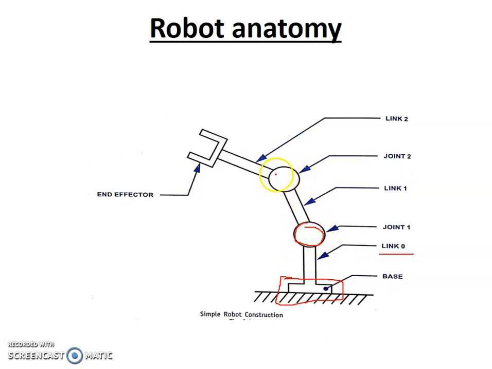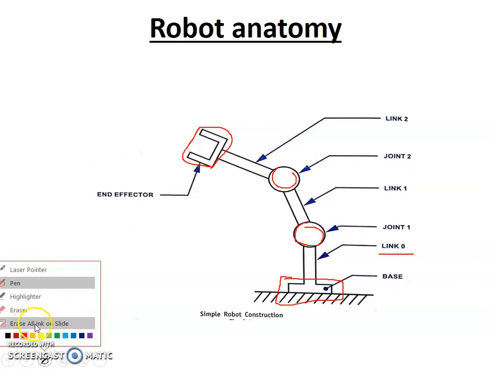Like this, link 1 and link 2 are connected with joint 2. Finally we have an end effector, which is used to do different tasks, and by using links and joints we can have different types of motions. We can have rotary motion, translation motion, or twisting motion. Like this, revolving, we can have different motions in the robot arm by using links and joints.